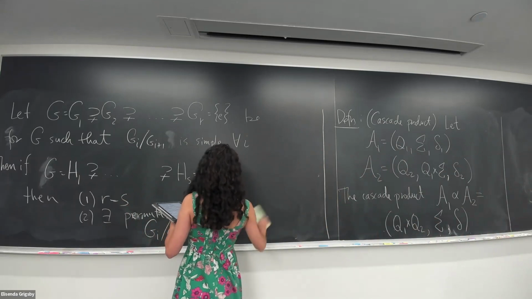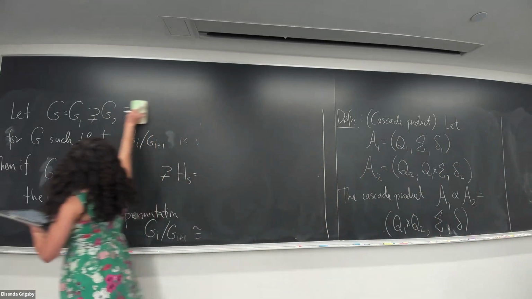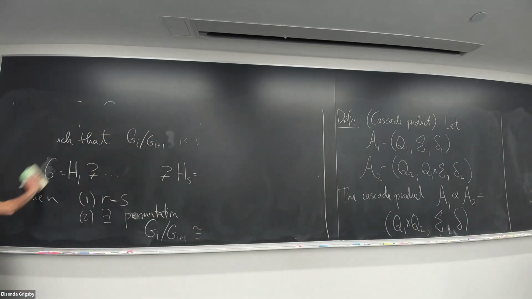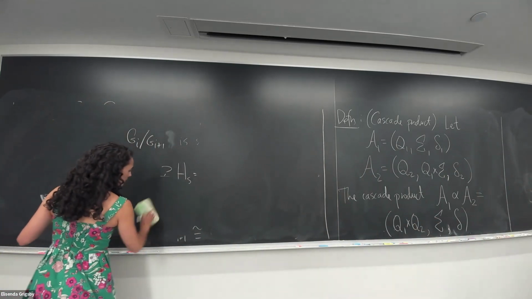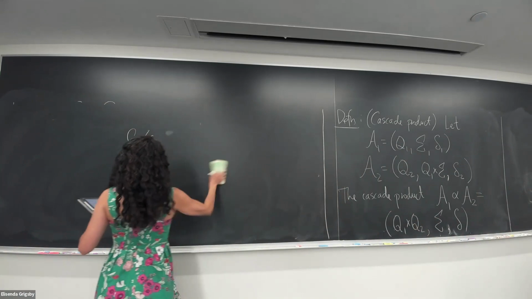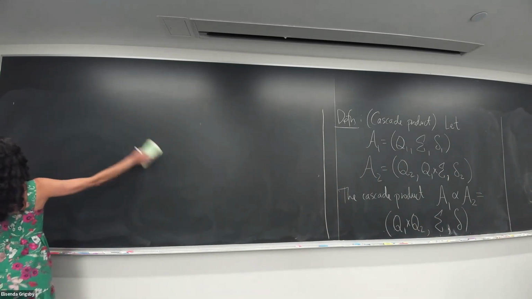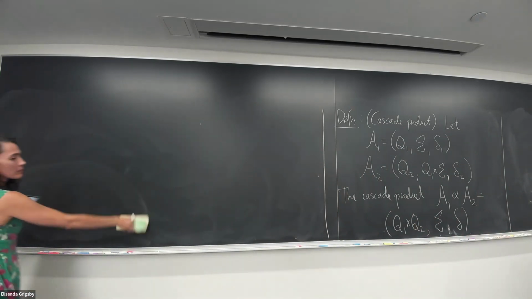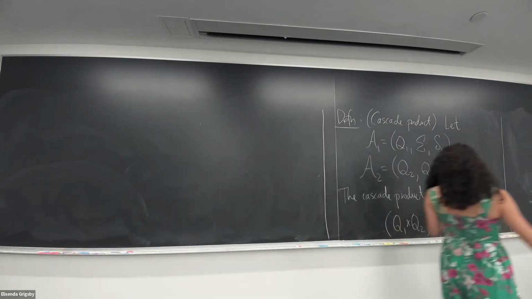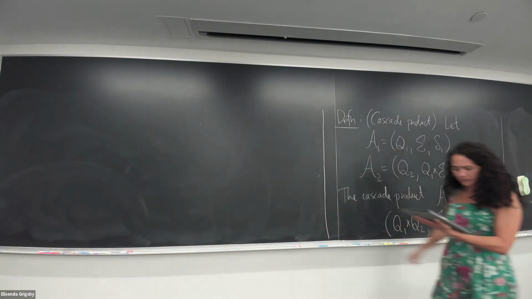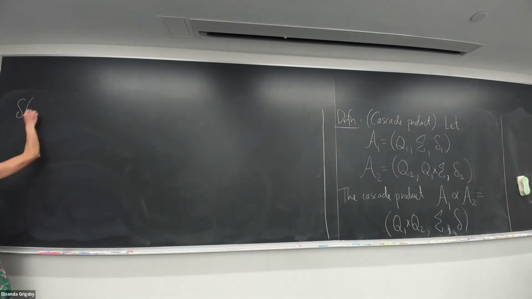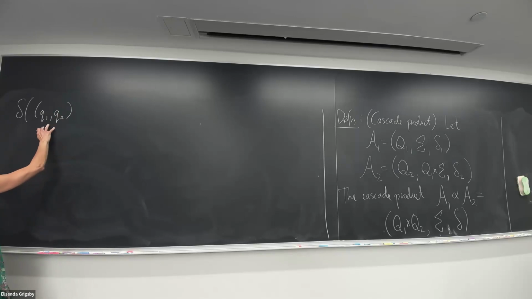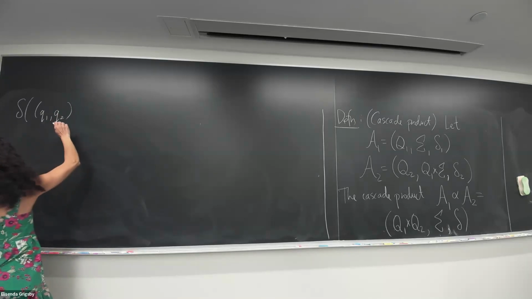Where the transition map is somehow the only thing that it could be, where it takes in pairs of states. So this is a state for the cascade product.